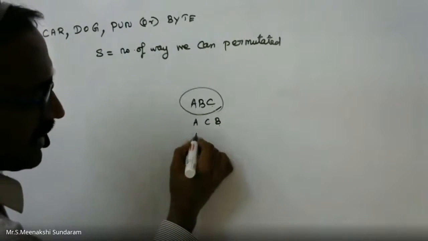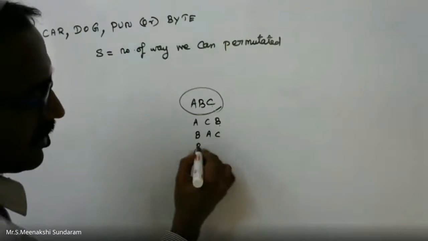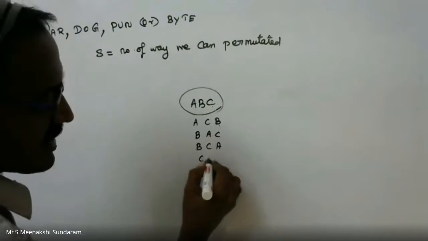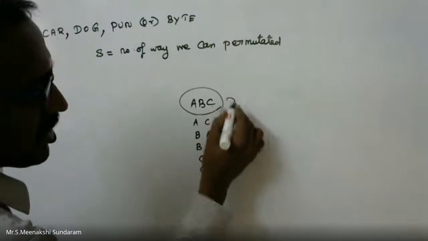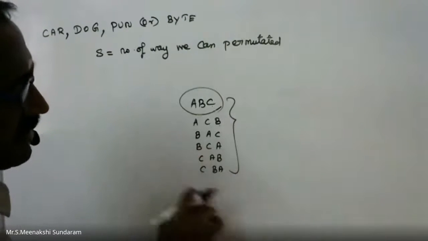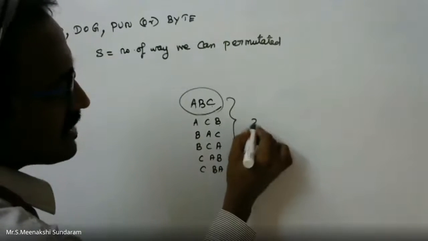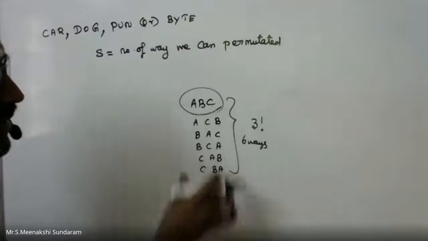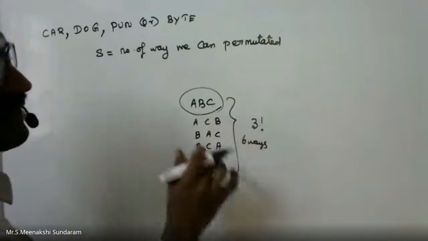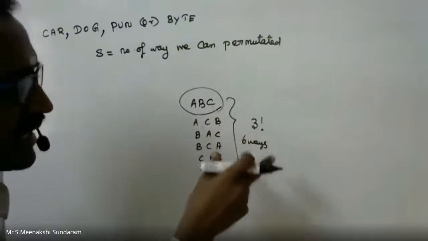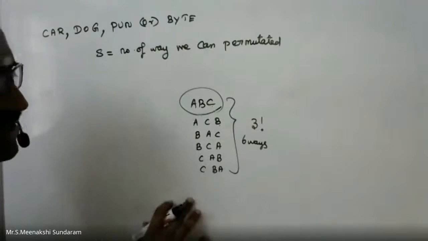Next, B can be fixed in the first position, then A C, then B C A, C A B, C B A. This is the permutation: all three can be arranged in 6 ways. That's why it is 3 factorial ways. If there are n persons, we can arrange all of them in n factorial ways. That is nPn, like 3P3, that is the formula. That is called permutation.